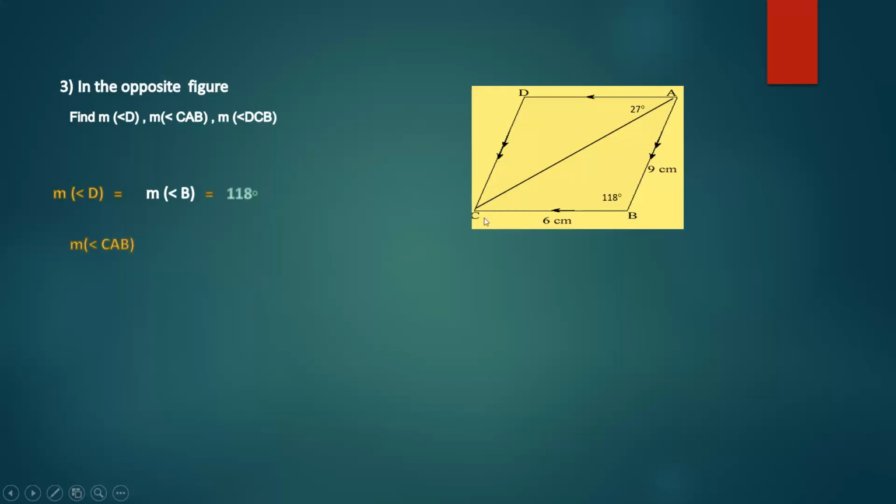Measure angle CAB, like we said before, is 180 minus 27 plus 118 equals 35 degrees. Measure angle DCB will be either 180 minus 118, or 27 plus 35. Thank you.